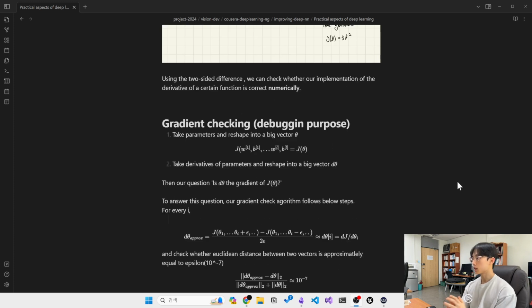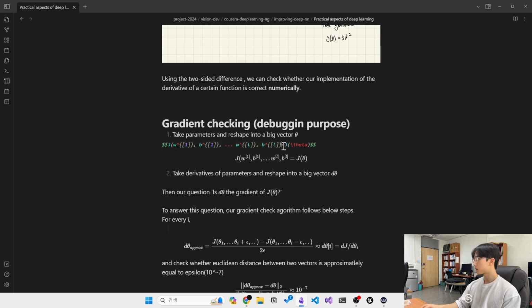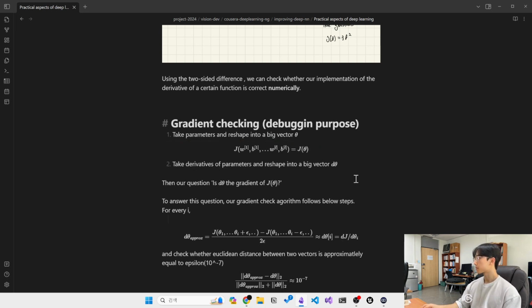And to do gradient check, we first vectorize this huge set of parameters from layer 1 to L. We are going to vectorize these as a big vector, which is equal to J theta.